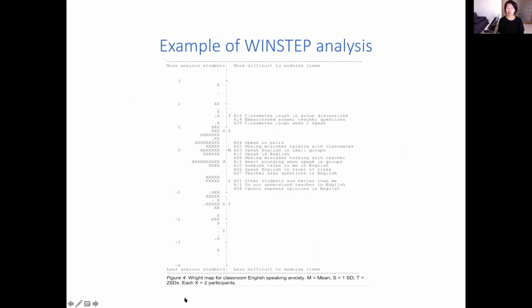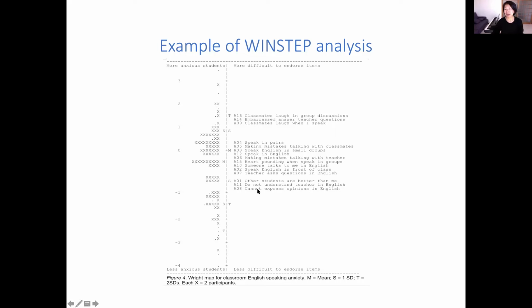So this is called a map. Basically, it arranges all the items on a spectrum, so that the items on the top will be more difficult for the participants to answer. For example, it says here, "classmates will laugh at me in group discussions," strongly agree or strongly disagree.